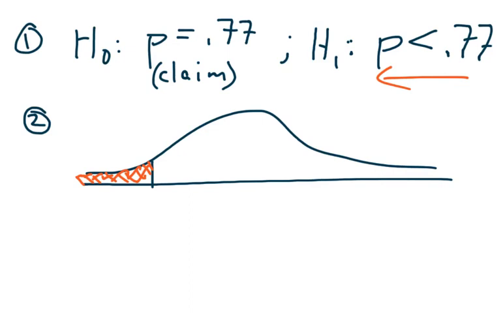And so if we reject the null hypothesis, we're essentially saying, it's not true that it's 77%. And since we used a left-tailed test, then it doesn't matter whether it's over here, or over here, or even if it's way higher than 77%, then it would still be at least 77%.